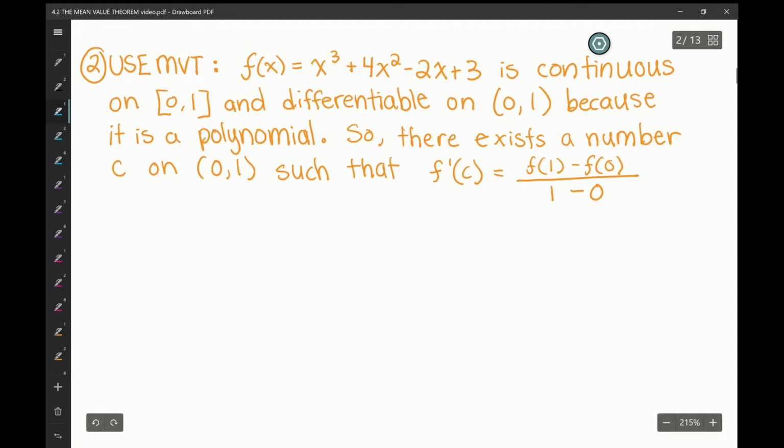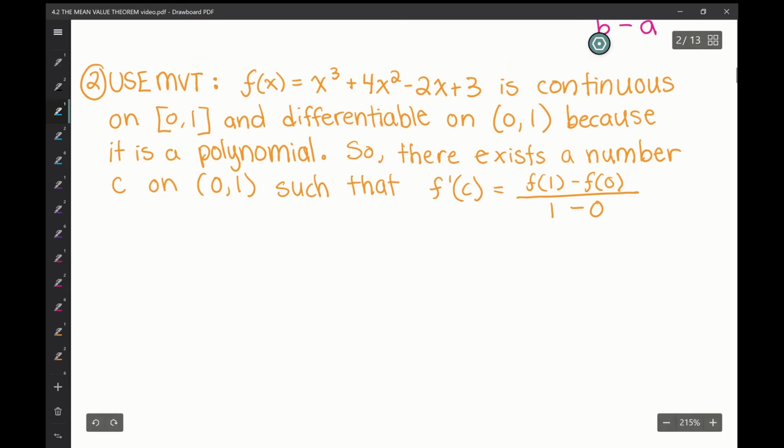Making sure that we're using the numbers for b and a that are specific to our interval. Okay, so we've started to use the mean value theorem. We know that there have to be numbers c on that interval such that the slope of the tangent at c is equal to the slope of the secant through 0 and 1.